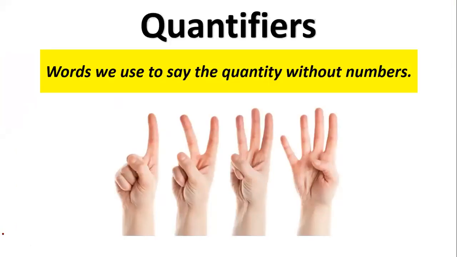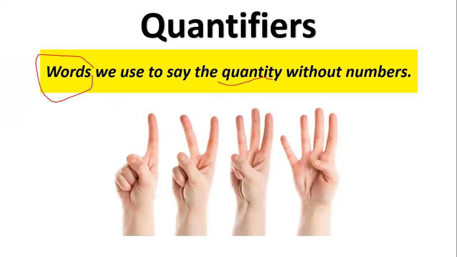Okay, sorry. So the quantifiers, I need you to pay special attention to this because this might be a little difficult. So quantifiers are words, okay? They are words that we use to say the quantity. What is quantity? What do you think is quantity?